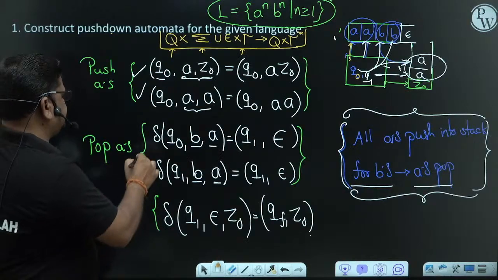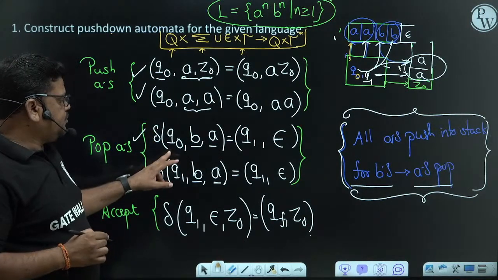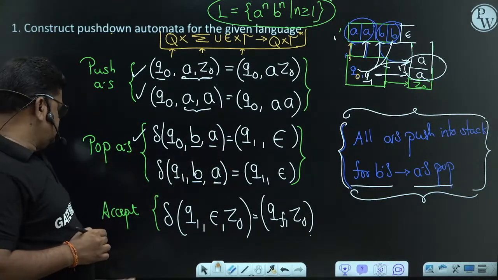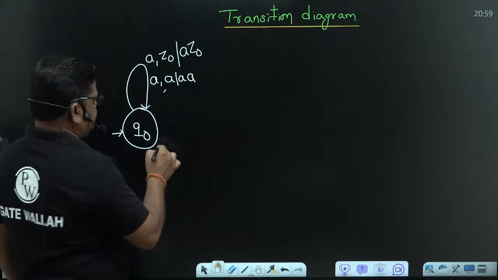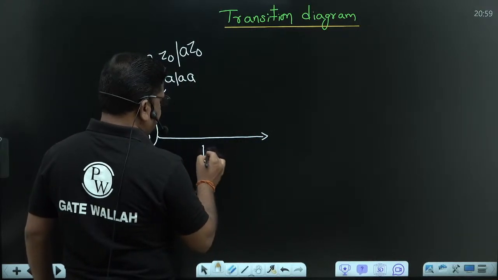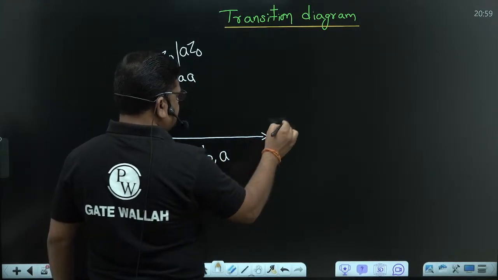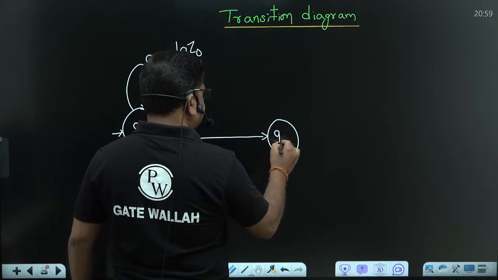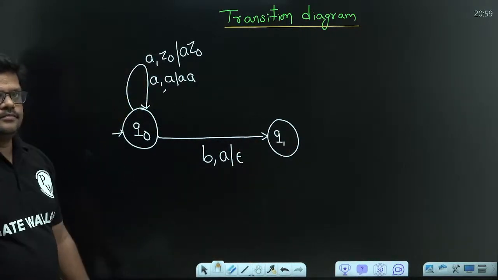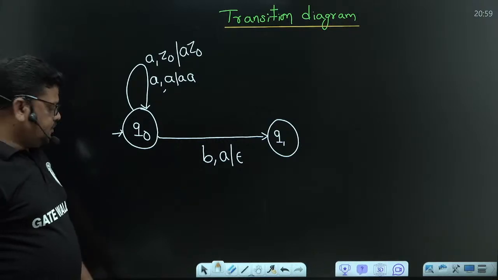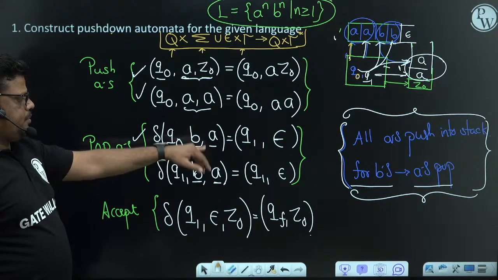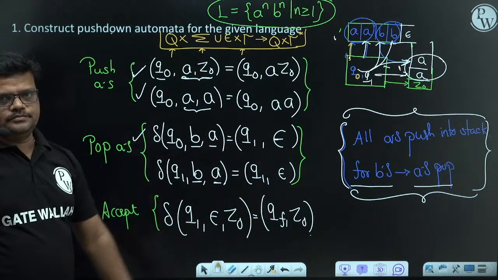Third one. From Q0, B is the input, A is the top of the stack, then go to Q1, perform pop. Transition for this one: from Q0, B is the input, top of the stack A, go to Q1, pop.